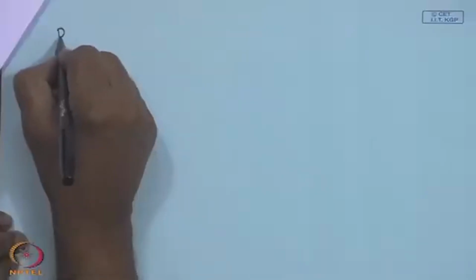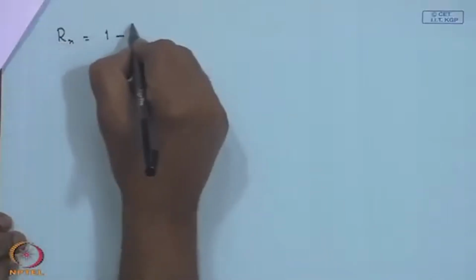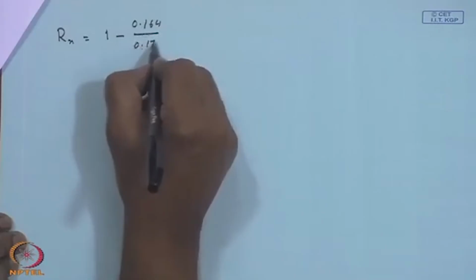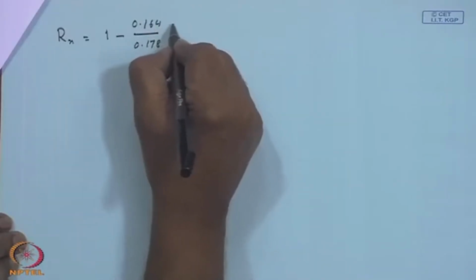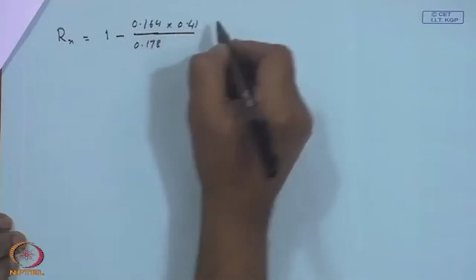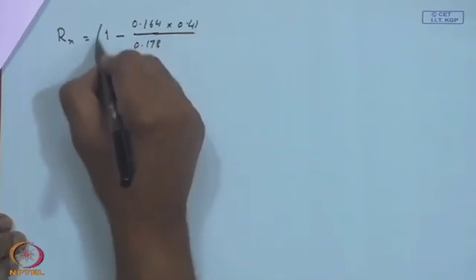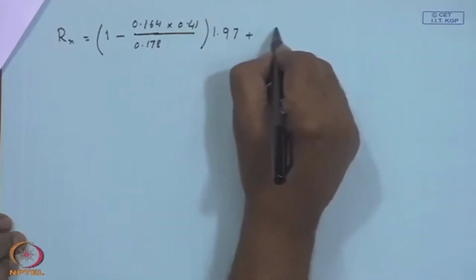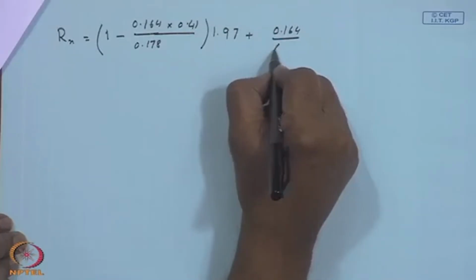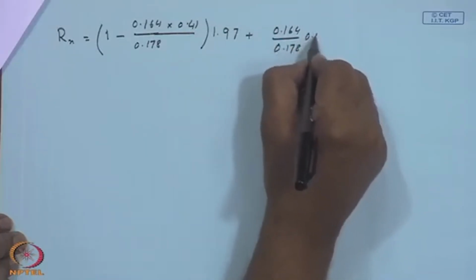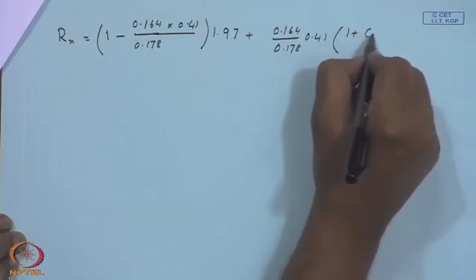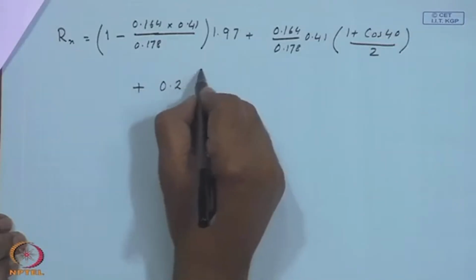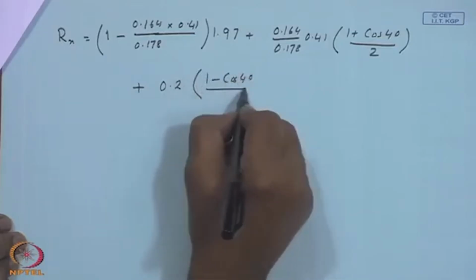So, R n, as I have explained, 0.164 by 0.178, that is R d by R t, into the diffuse fraction 0.41 times 1.97, that is R b noon, plus again R d by R t times the diffuse fraction 0.41 times 1 plus cos beta, which is 40 by 2, plus the ground reflectance 0.2 into 1 minus cos beta by 2.